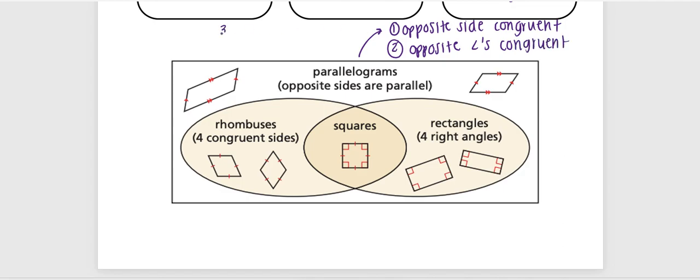The third was that the consecutive angles are supplementary. And then the fourth was that diagonals bisect each other.